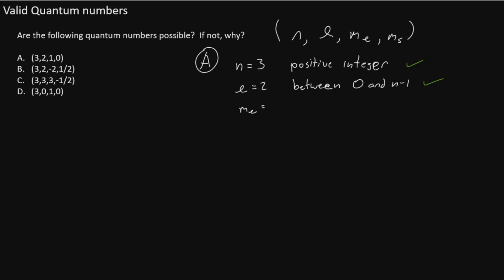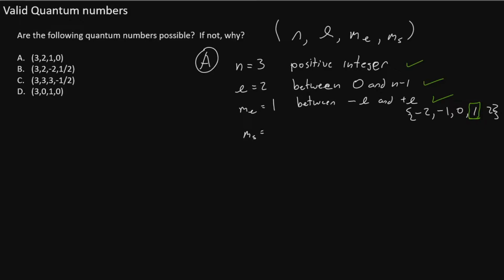Our ML is given as 1, and the requirement for this is that it must be between negative L and positive L. Now, our L is 2, so this can be anywhere between negative 2 and positive 2. But this includes negative 1, 0, and 1 because those numbers are all between negative 2 and positive 2. 1 is on this list, so this checks out as well.